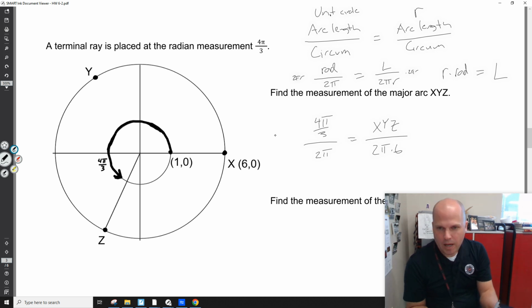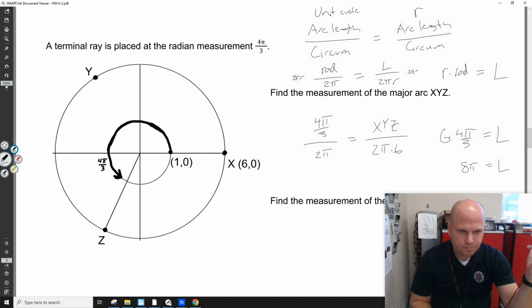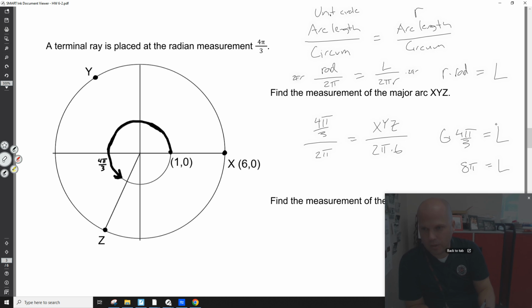Again, if you multiply both sides by 2 pi times 6, the 2 pi's will cancel, and my arc length is just equivalent to r times the radian measurement. 4 pi over 3 times 6 is 24 pi over 3, or divide the top and bottom by 3, and you get 8 pi. Okay? So that's the arc length XYZ.